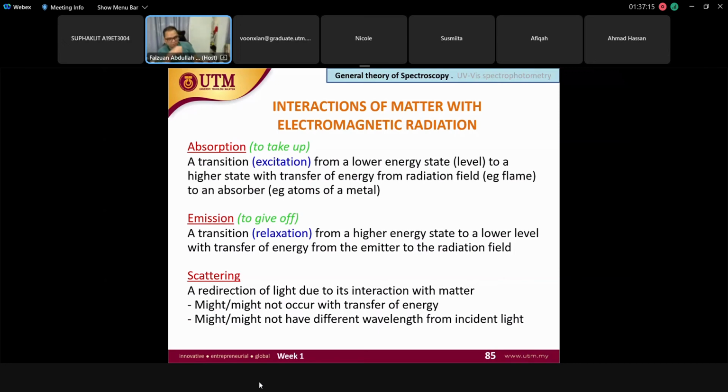Then the scattering of energy, the electromagnetic radiation, will be measured and translated. Normally, scattering is for molecules, inside the UV-visible instrument and so on. We're going to learn this in detail after this, because you cannot imagine what happens in scattering from the concept alone. We will learn the details about scattering when we learn about every instrument that we have in spectroscopy methods.